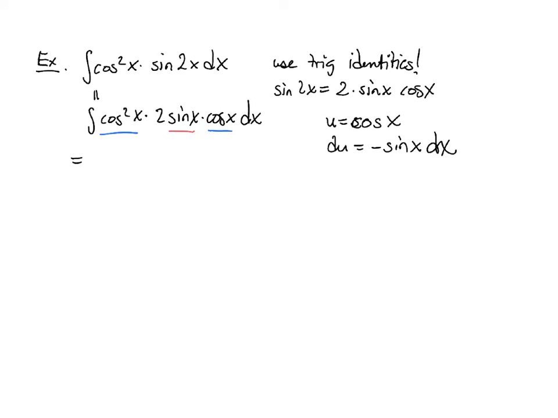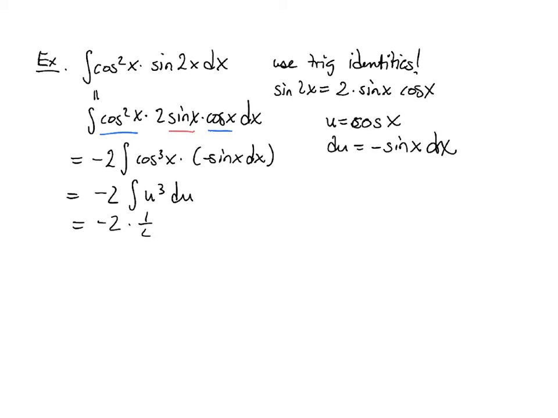So I bring the 2 outside the integral plus a minus sign because of my minus sine x dx, antiderivative of cosine cubed x times minus sine x dx, and make my substitution: minus 2 antiderivative of u cubed du, so minus 2 times 1/4 u to the 4th plus c.